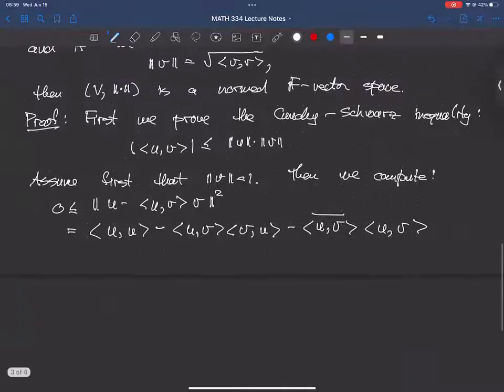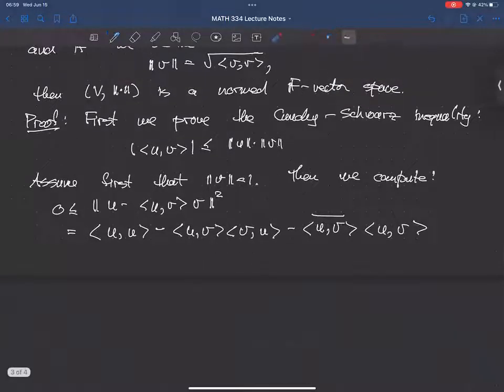So these are the cross terms when I expand this inner product with itself. And then I get the other term.